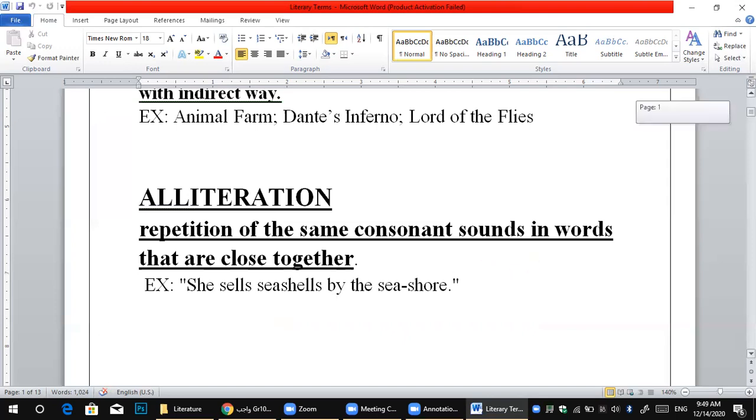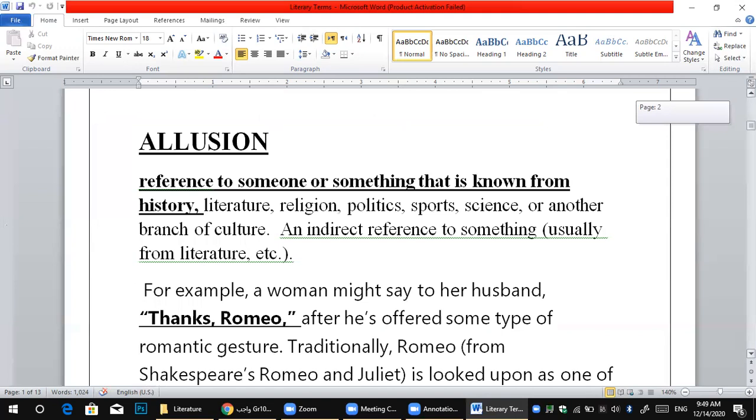After that, we have allusion. Allusion means when you mention someone or something well known from history or from the past. For example, when the wife told her husband, "I think you're Romeo."